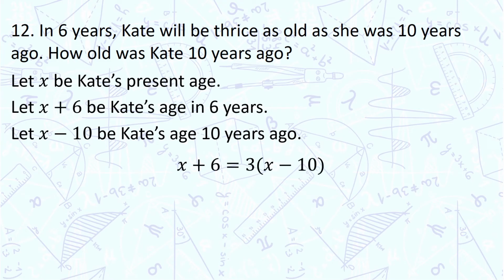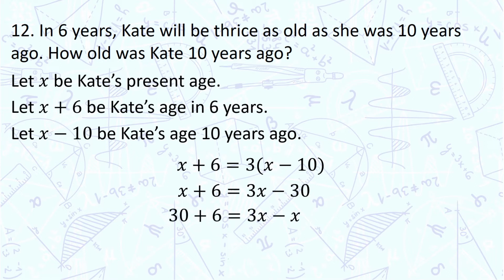So we have Kate's age in 6 years, x plus 6 equals 3 times the quantity x minus 10. By distributive property, we have x plus 6 equals 3x minus 30. Add 30 to both sides and also subtract x.